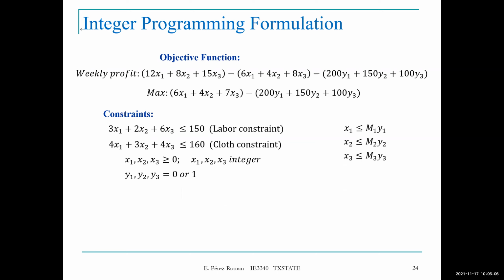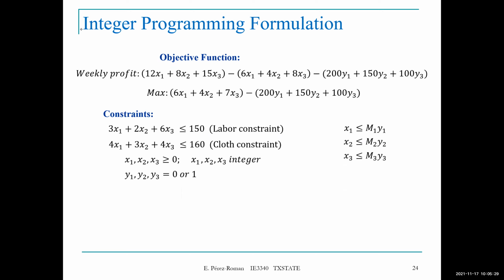So if we have, let's say, in this type of constraint, if we have 100, this is never going to be less than 1. So that's why we need to multiply this by a large coefficient that is going to be large enough, the maximum that you can produce for each one of these products. And the idea, again, is just to connect those two decision variables.